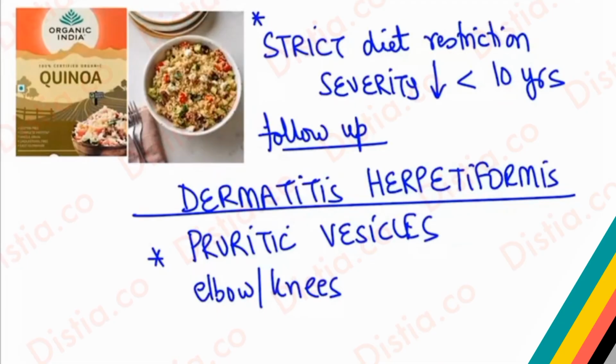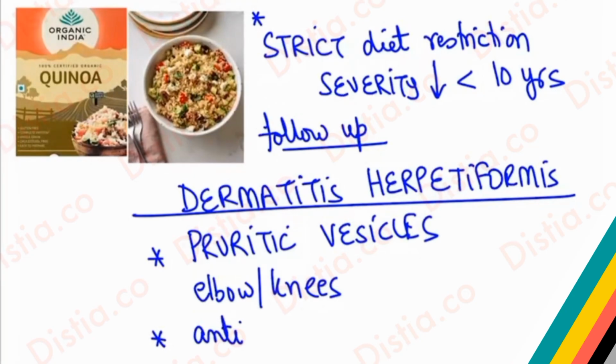But if they give the image alone without mentioning dermatitis herpetiformis, even then you should be able to answer the question correctly. In fact, we will also be going in for diagnosis of dermatitis herpetiformis in two ways. One, I can go for an antibody that will help in diagnosis.